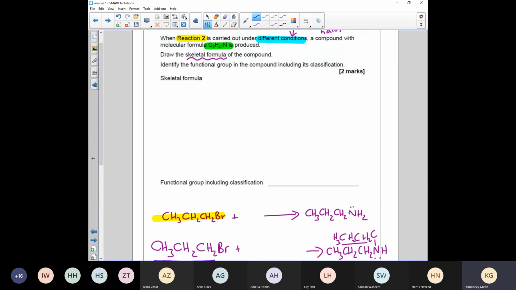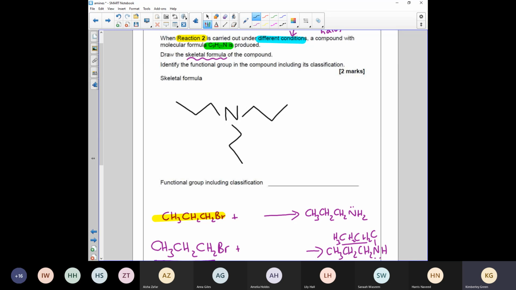So now I'm just going to draw it out. It's skeletal, so I've got a nitrogen in the middle, and that nitrogen is attached to 3 carbon chains, and each of those carbon chains has 3 carbons. So 1, 2, 3, 1, 2, 3, 1, 2, 3.